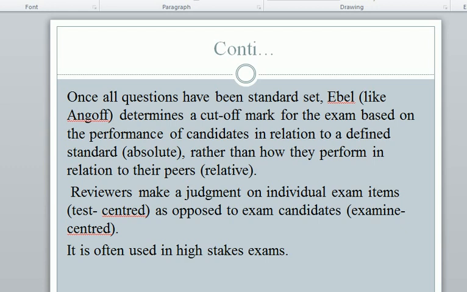So the nature of this test is very sensitive, and it should be on the basis of standards.